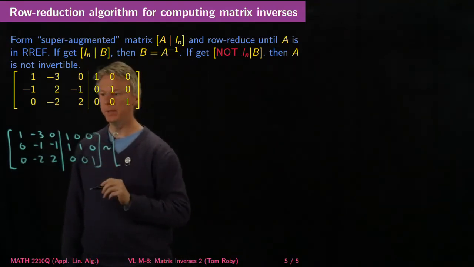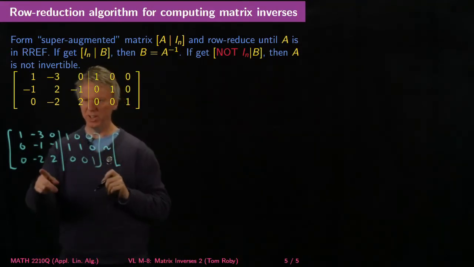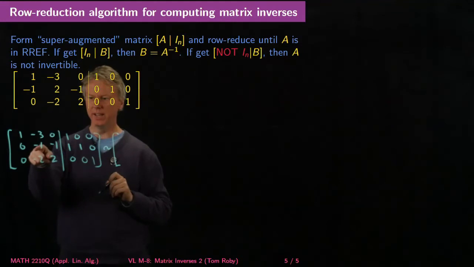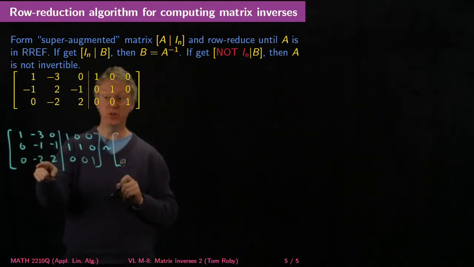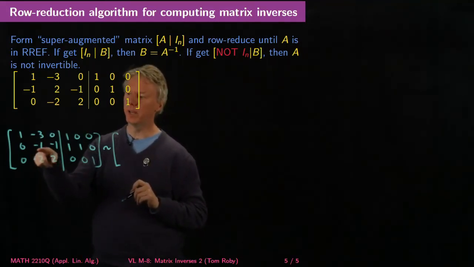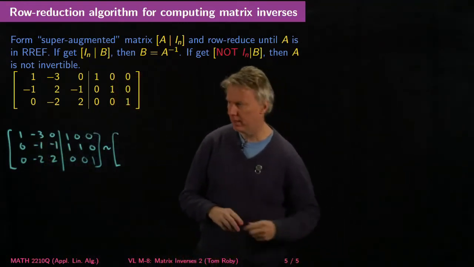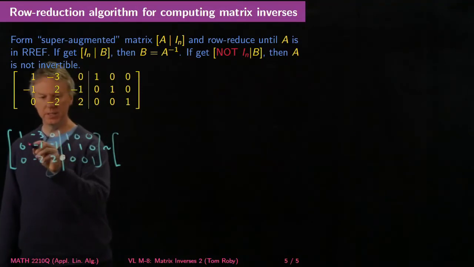Okay, so now what happens? Well, I want to zero out this negative 1, and unfortunately this is a negative 2. So I guess I'm just going to have to bite the bullet and, well, actually, no, the first thing I want to do is make this a pivot. And so I think what I'm going to do is, let's rescale.